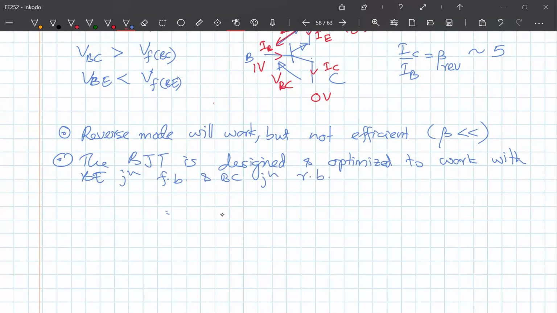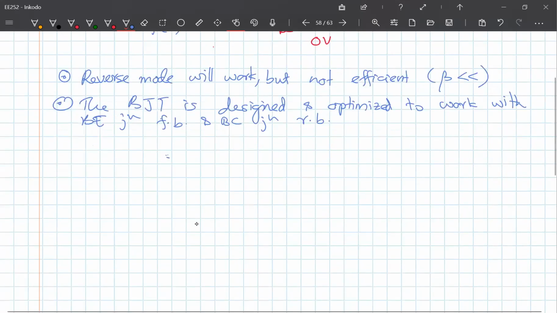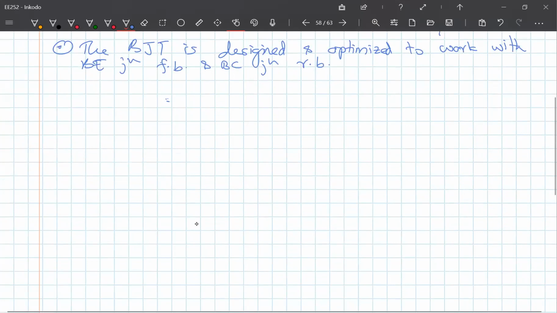That's how it is designed to work, so that is how you should use it, not the other way around.